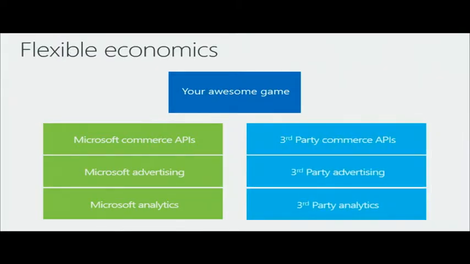And we give you the option: you can have it from Microsoft where you use our commerce APIs, or if you have a third-party model and you already have an API that you like to use, maybe you like to use Flurry, or you have your own in-app purchase, that's okay. Microsoft will let you do that. This is something that the other stores don't let you do. Right? And in our world, we're like, hey, you have your own third-party API, you have your own third-party commerce, no problem. You can keep it, and not only are we going to allow it, but we're also going to give you a really great deal on it.